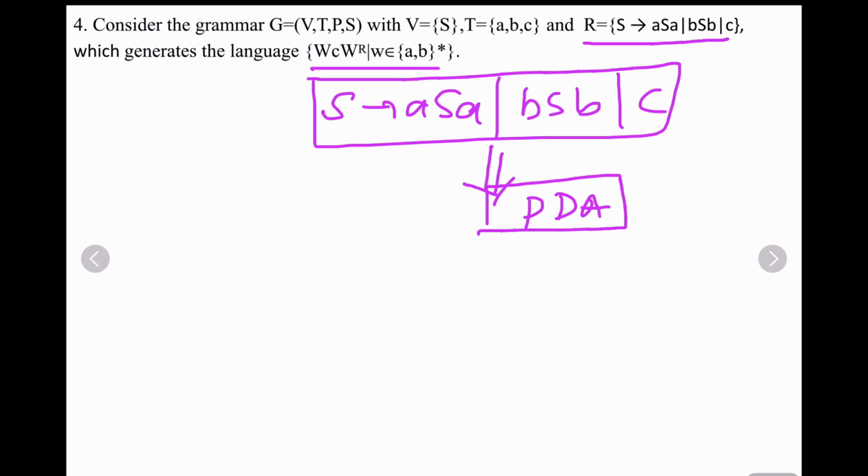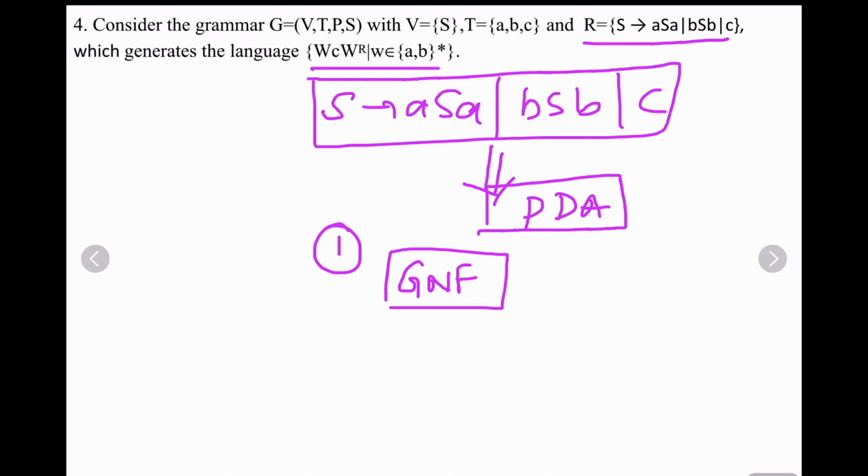Before jumping into this type, note that when converting from CFG to PDA accepted by final state, the grammar must be in GNF, Greibach normal form.